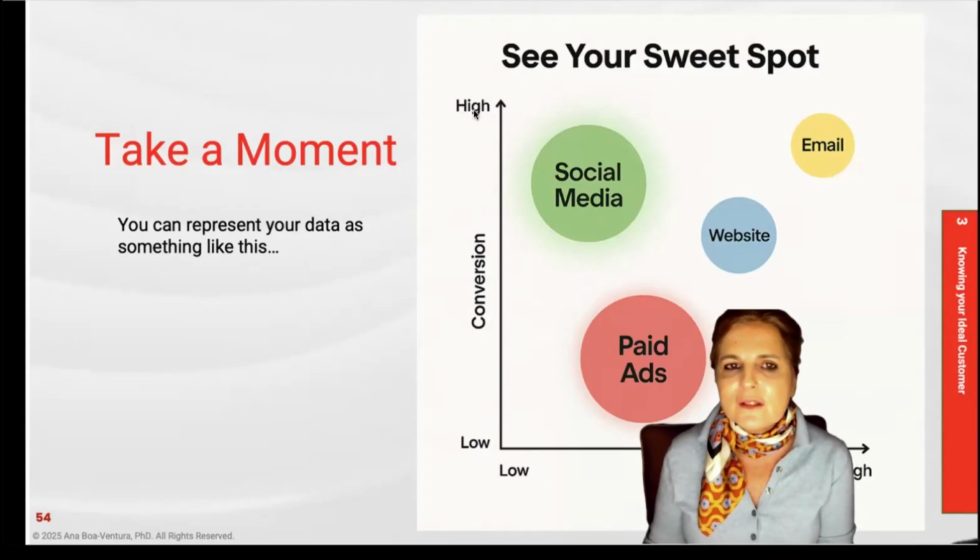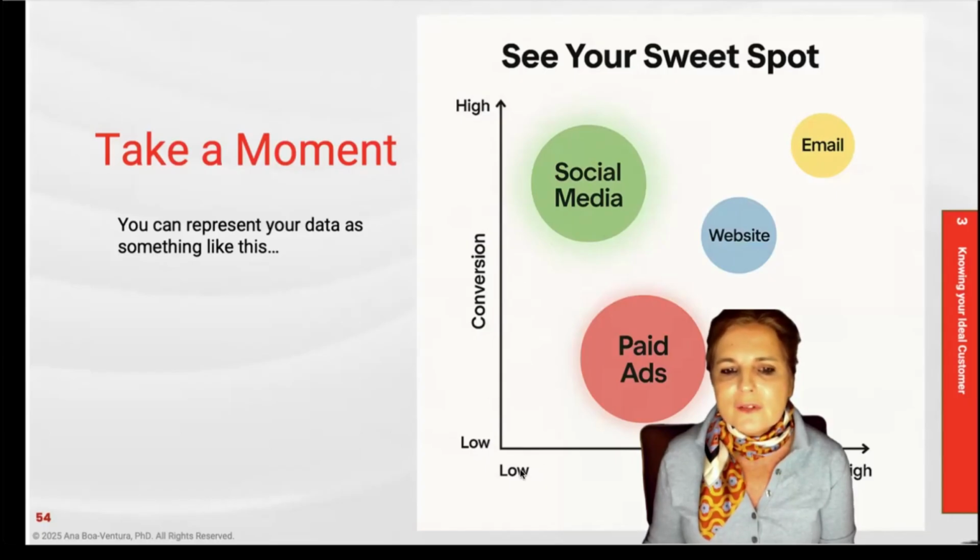If it's converting highly, meaning through that particular channel you are selling a lot of services and or products, but the cost is high, you'll end up around here. If the cost is low and it's causing a lot of conversion, you'll end up here. That's really good here. And in this case, it's social media, right?